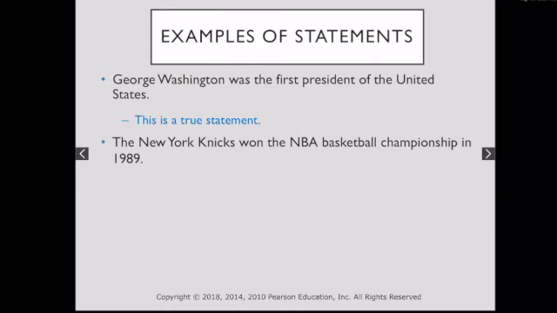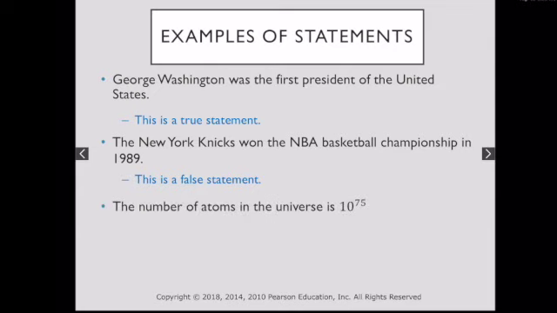Okay, so this is definitely a statement, but is it true or false? We may have to do some research. If any of you knew the answer to this, kudos. I had to Google it. This is actually false. And last, the number of atoms in the universe is 10 to the 75th. This is a statement, like I said earlier, but we don't know if it's true or false.